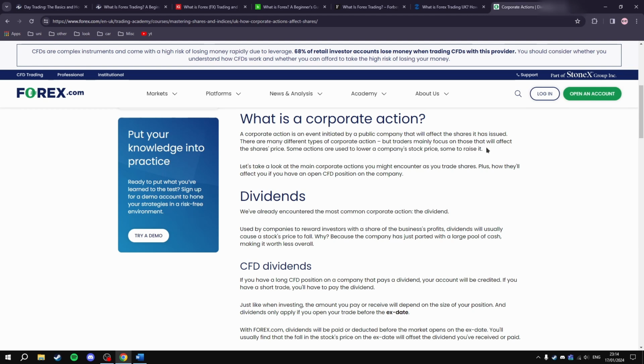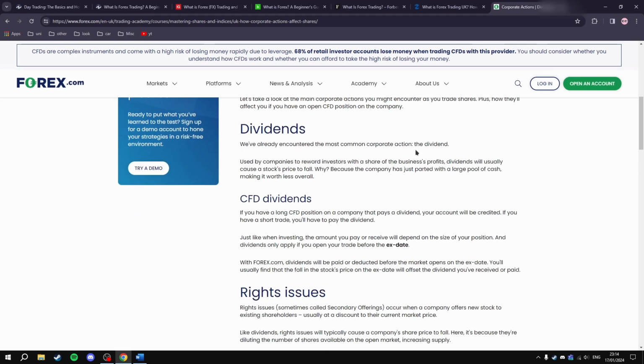Some actions are used to lower a company's stock price, some to raise it. Let's take a look at the main corporate actions you might encounter as you trade shares, plus how they'll affect you if you have an open CFD position on the company.